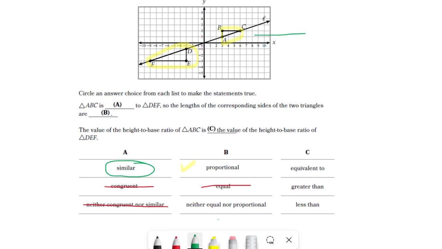Now, if you take a look at the scale factor, these do in fact change at the same rate.